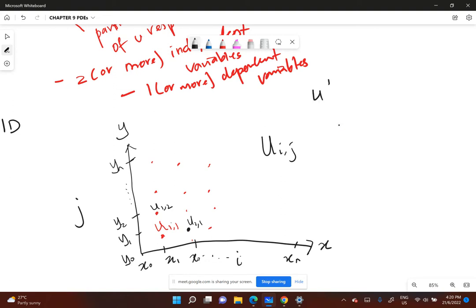Sebenarnya U prime is same lah, sama dengan U subscript X, UX. X tu kecil. So that means this one is del U, del X, partial derivative of U respect to X. But U prime can be like this as well, U subscript Y, del U, del Y juga. Partial derivative of U respect to Y.